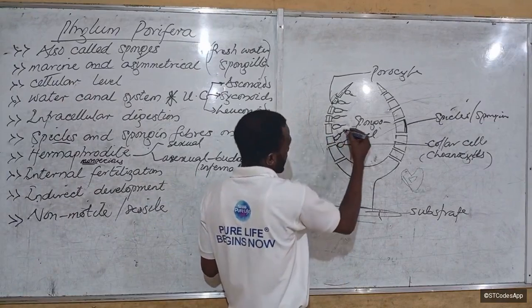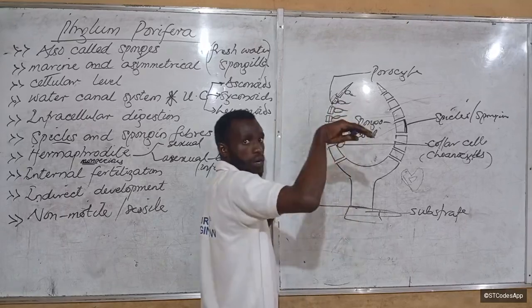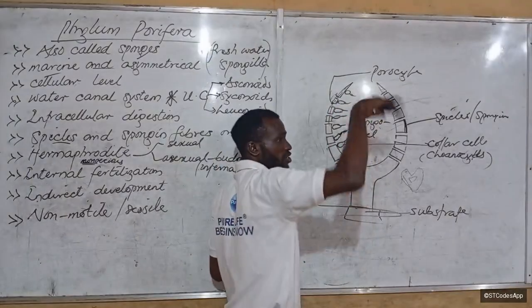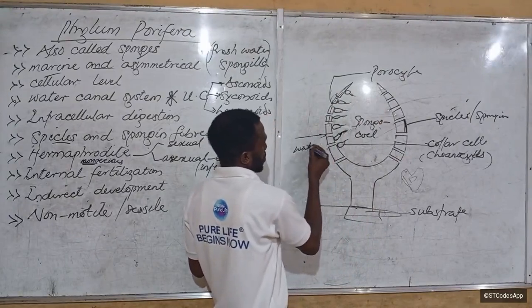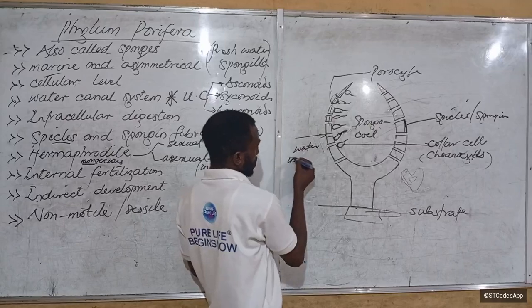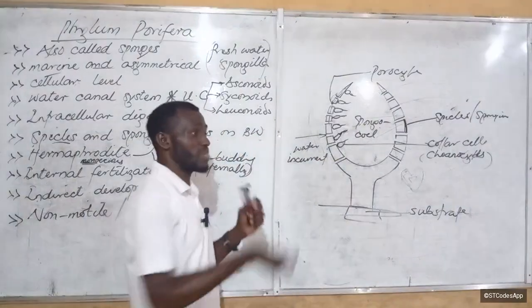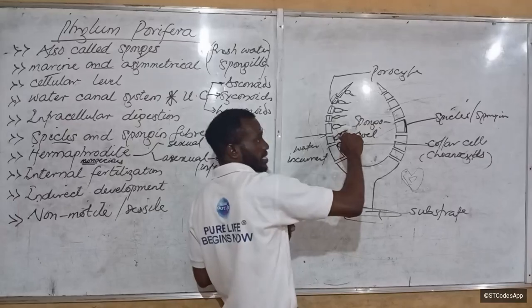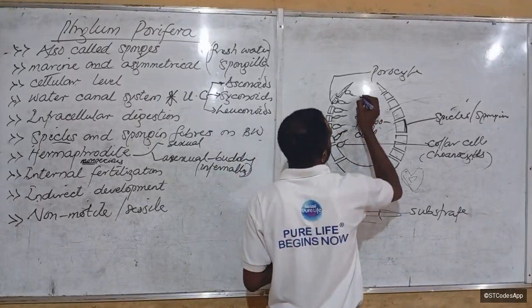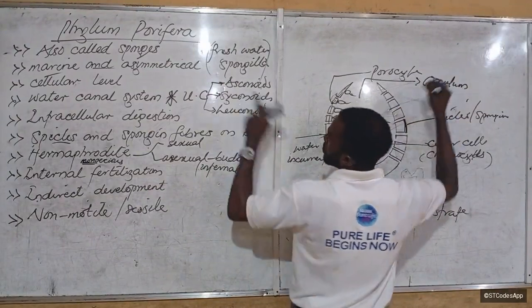By the movement of these flagella-like collar cells, the undulations create a water current that brings in water, so we call it the in-current water. The water enters and comes out of the osculum.